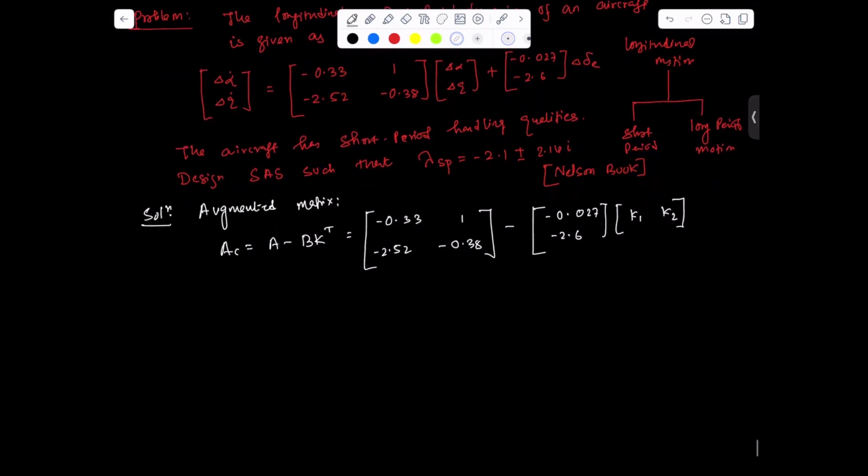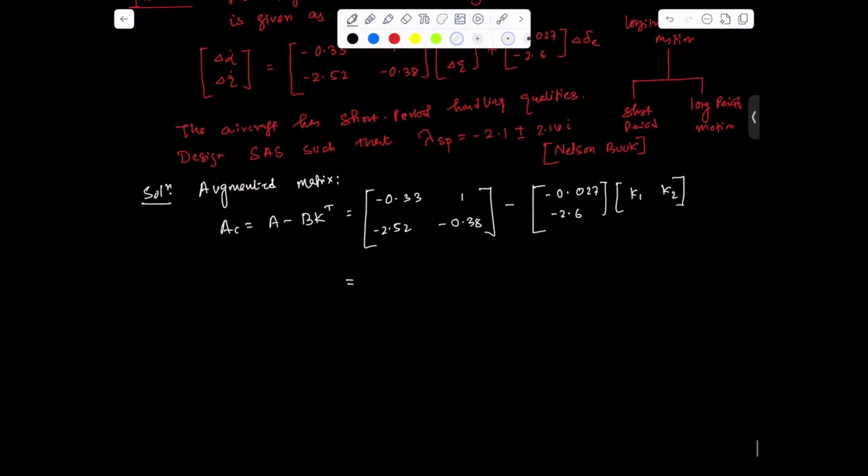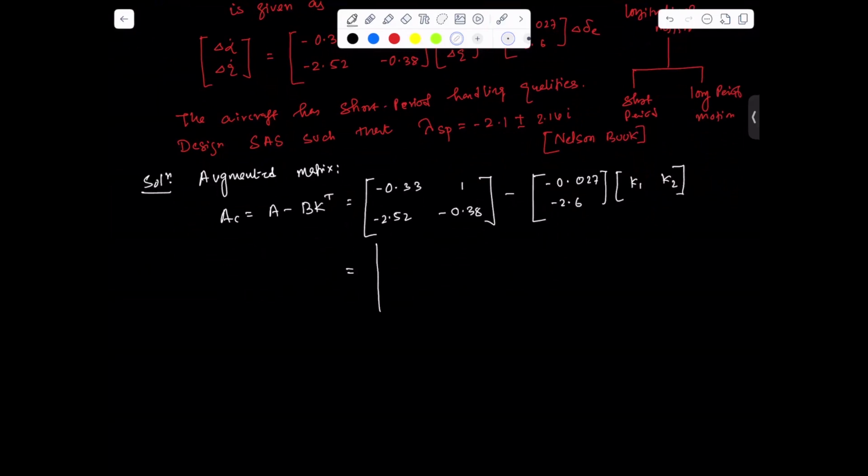If you simplify this expression, we get the final A_CL, the closed loop matrix. Why is it closed loop? Because we consider control in the system.